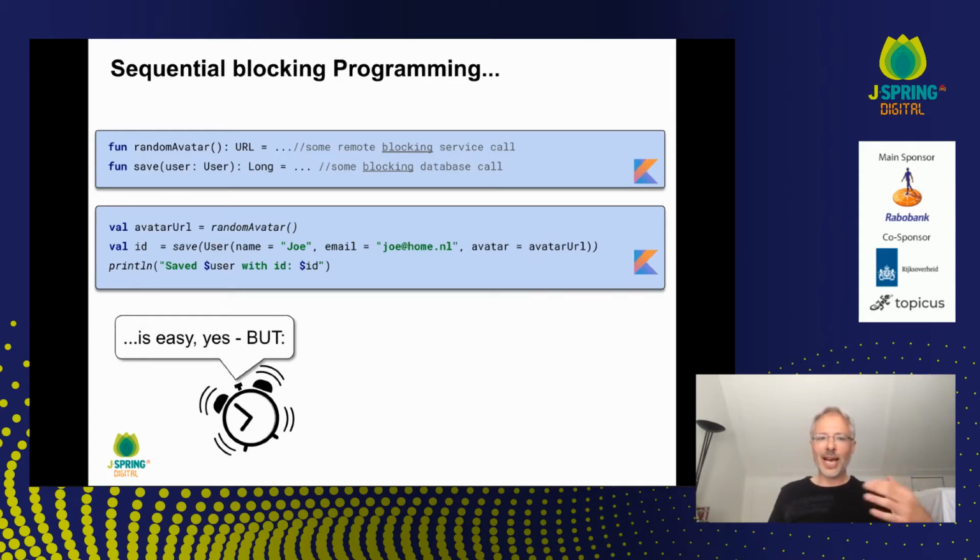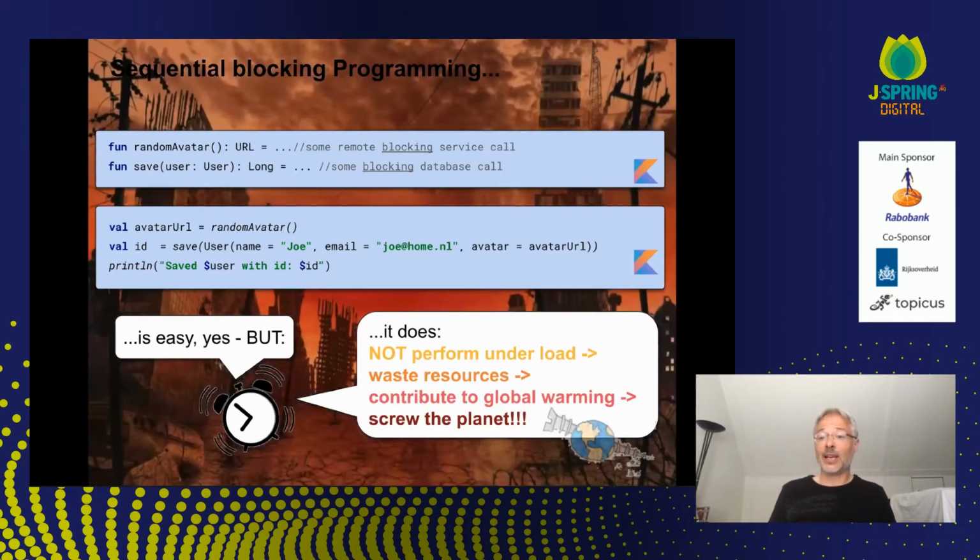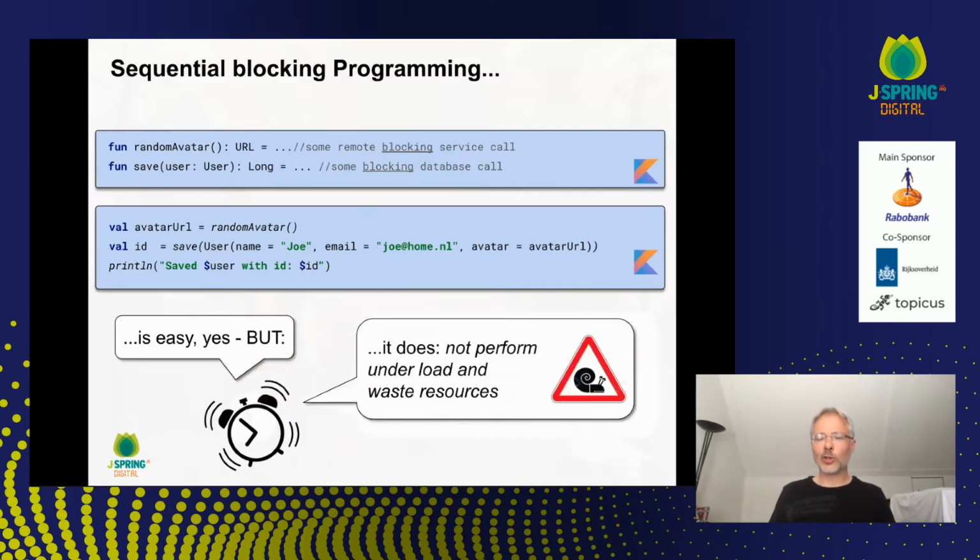It depicts our business intent clearly. But it is not performing on the load. It wastes resources. And by doing so, it also contributes to global warming when it wastes resources. So to exaggerate a little, of course, it screws the planet a bit. Or just to say it in more formal words, it doesn't perform on the load and it wastes resources.